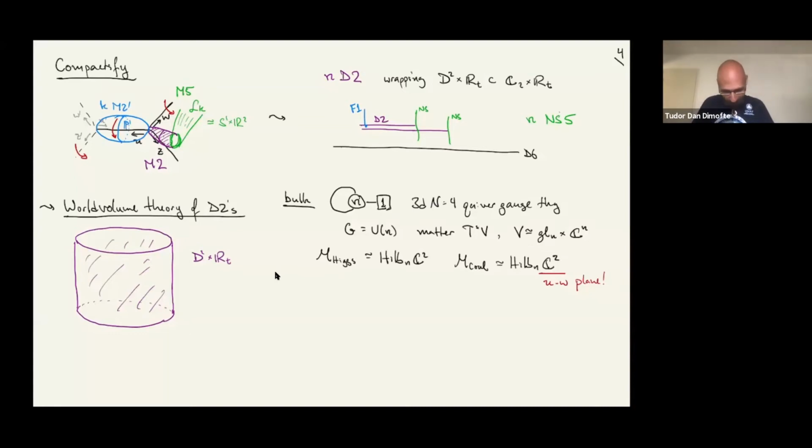The Higgs branch of this theory is the Hilbert scheme of points on C^2 once it's been resolved, and so is the Coulomb branch. And it's maybe worth pointing out that the C^2 in this Coulomb branch Hilbert scheme is literally the U and W direction in the resolved conifold.